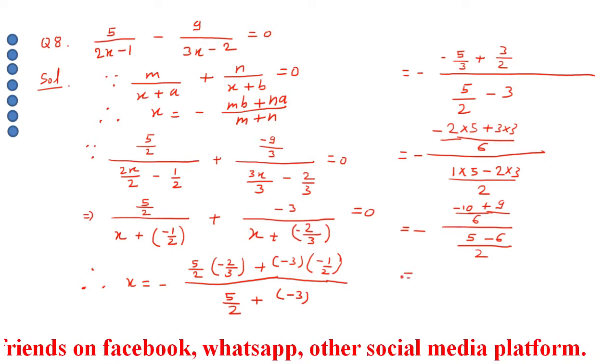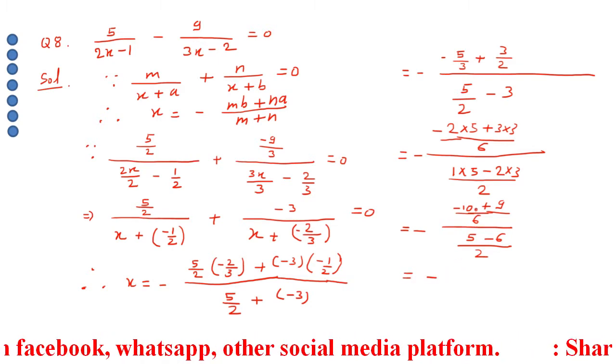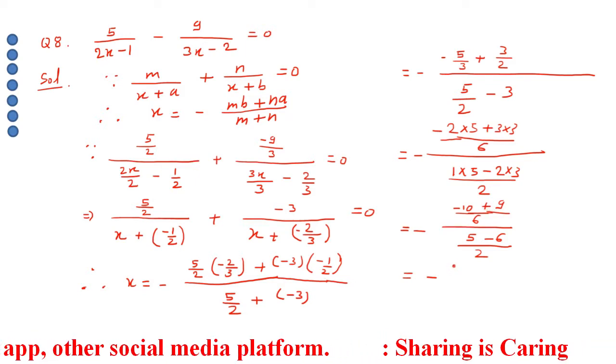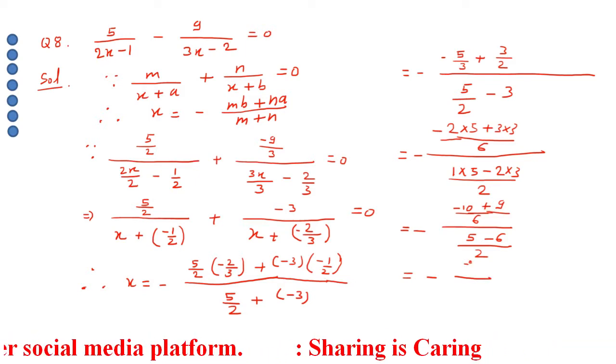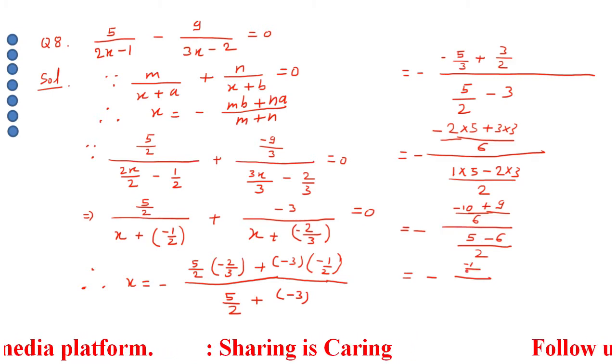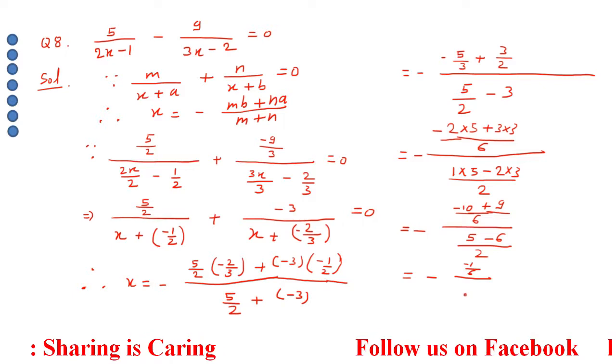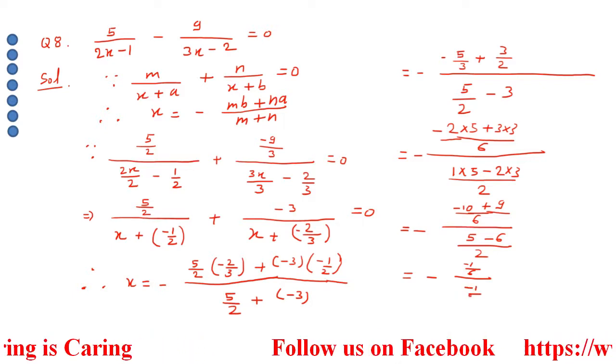Now to simplify them, you will obtain here minus 10 and plus 9 is minus 1. So you will get here minus 1 upon 6, and in the denominator you will get minus 1 upon 2.